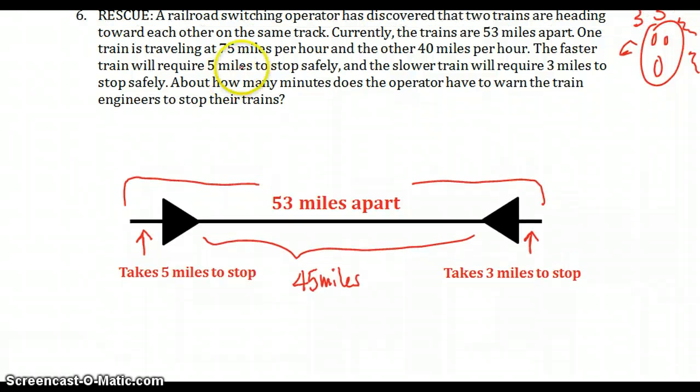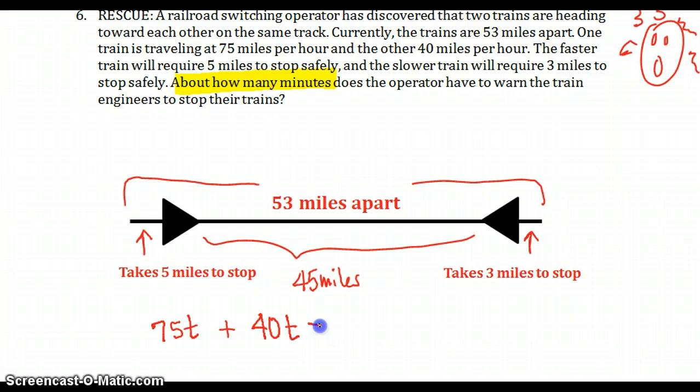One rate was they're traveling at 75 miles per hour, and we don't know how much time. The question is, what are we looking for? How many minutes do we have for them to stop? So the faster train, the one traveling at 75 miles per hour, he is on this side because he takes 5 miles, plus the other train, which is traveling at 40 miles per hour, and he's going to need some time to figure out his distance.